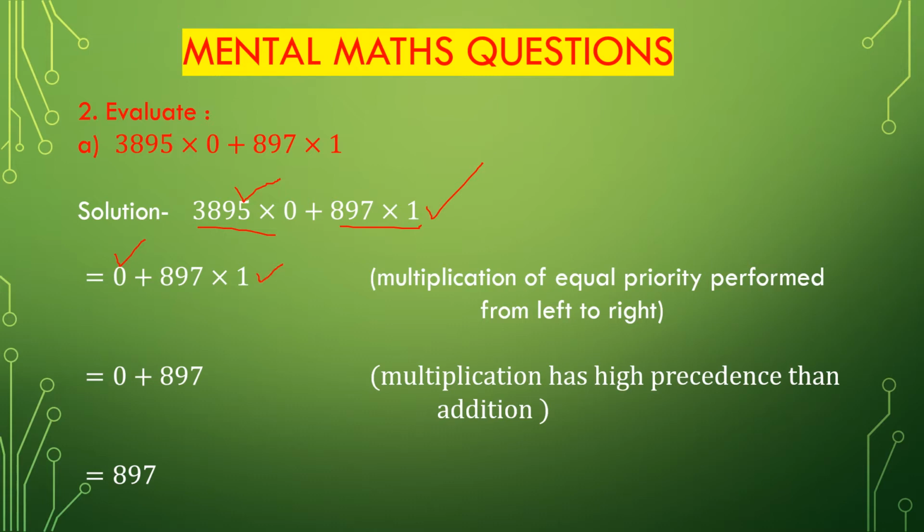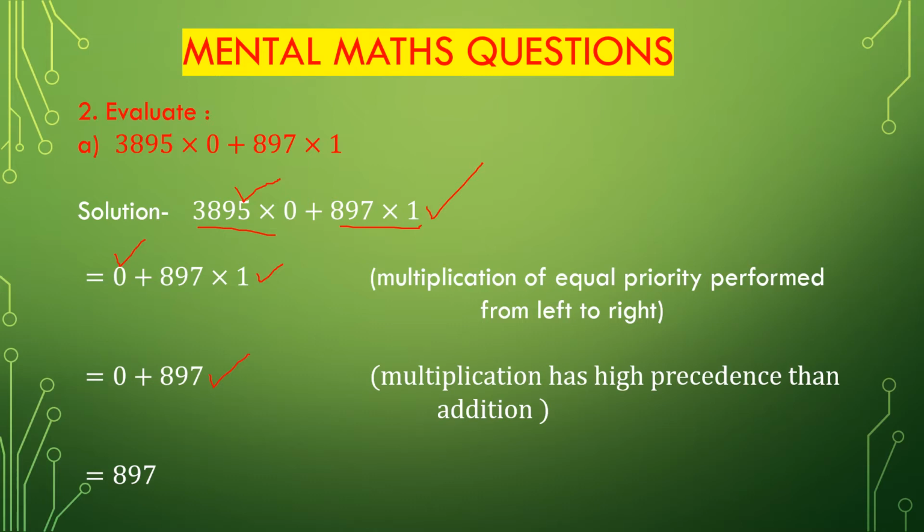Now we calculate the multiplication operation, as multiplication has higher priority than addition. So first we multiply 897 with 1 equal to 897 only. As we know, when we multiply a whole number with 1, we get the number itself, as 1 is the multiplicative identity of whole number.